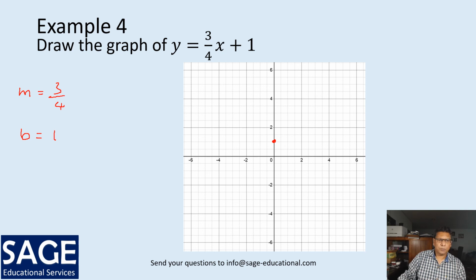And then the slope is 3 over 4, so go 4 units to the right and go 3 units up. So we go from here 4 units to the right, and then we go 3 units up from there. So there would be a second point. And once you have the 2 points, just join those 2 points with a straight line. So there's the straight line. That's the line for the equation y is equal to 3 over 4x plus 1.